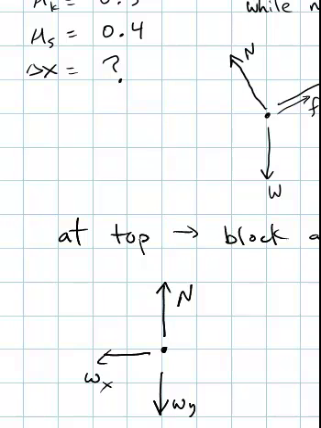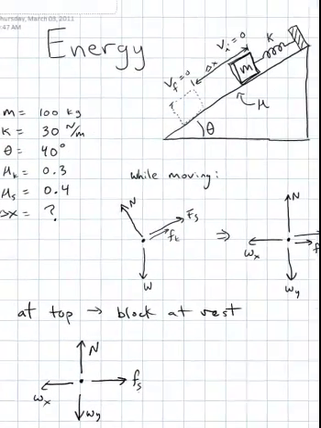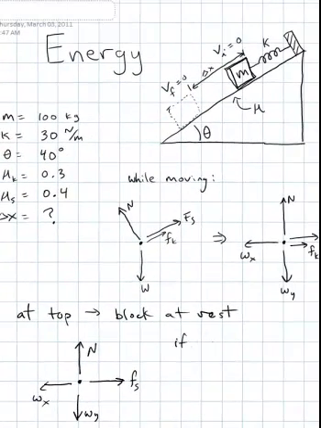It's in its equilibrium position, so there's no spring force, but there is a friction force, and that's going to be going up. That's a static friction force. And so we know if the weight in the x direction is greater than the maximum static friction force, then it's going to slide down.